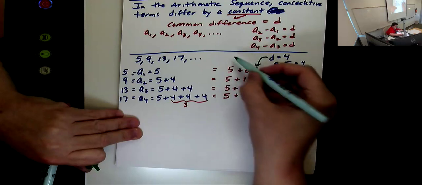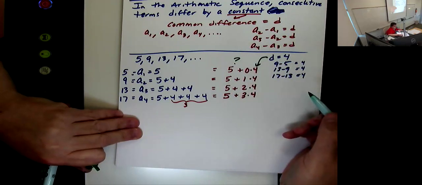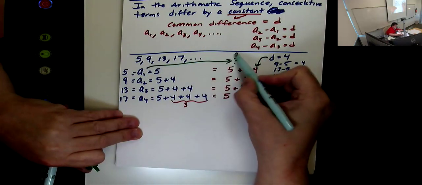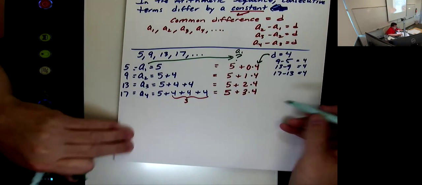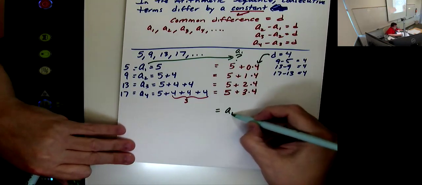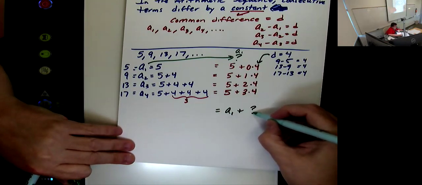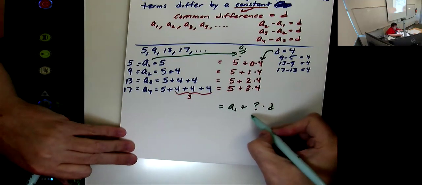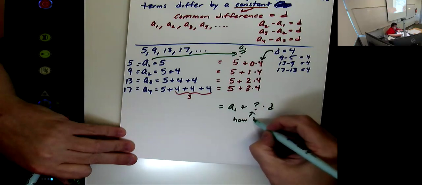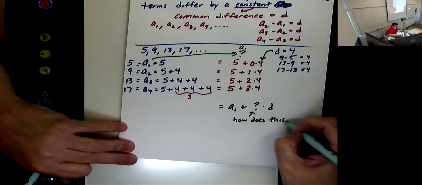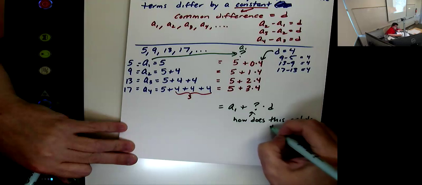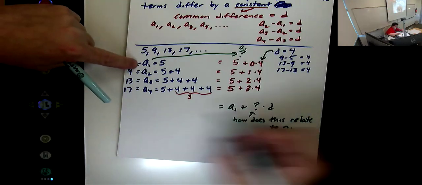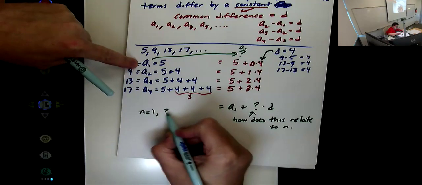The 5, where does that come from? That's actually just a sub 1. So right now we've got a sub 1 plus some multiplier times d. And we just need to figure out, how does this relate to n? When n equals 1, question mark equals 0.